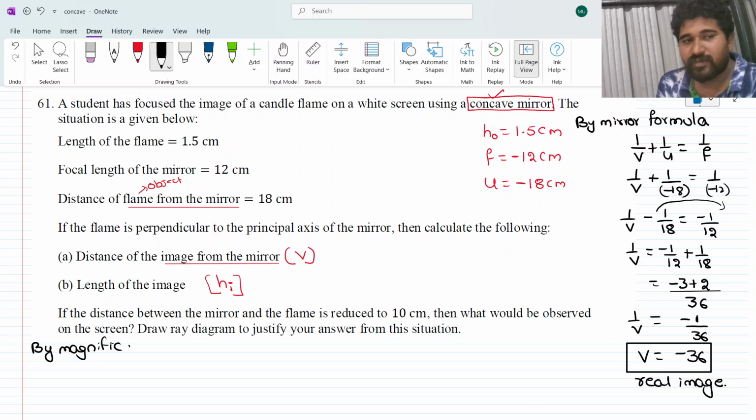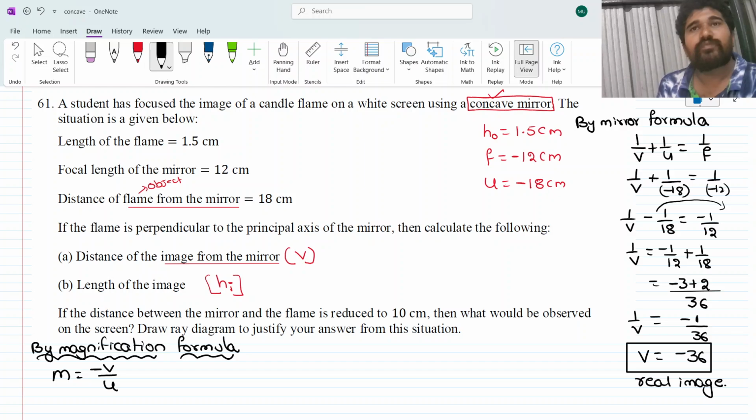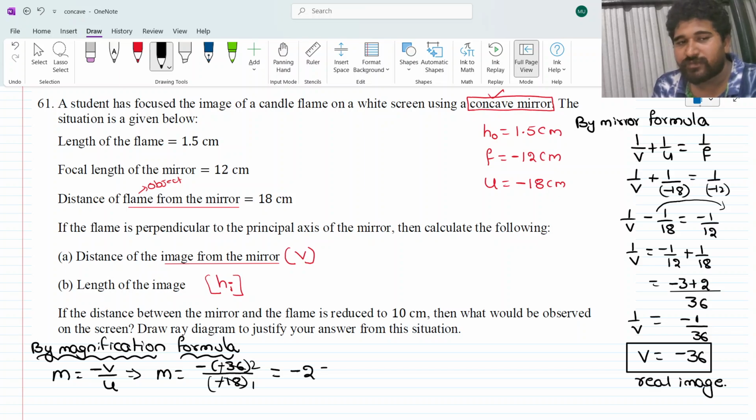Next, by the magnification formula. What is the magnification formula? M is equal to minus V by U. From here, M is equal to minus, V is minus 36, U is minus 18. 18 twos are 36. So M is minus 2.